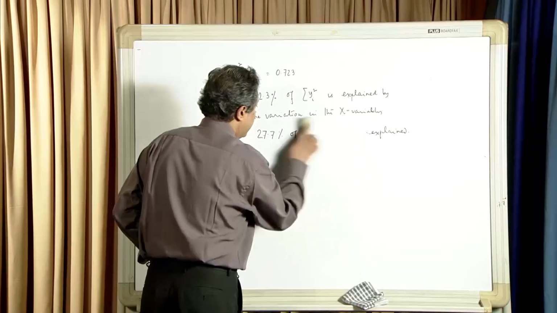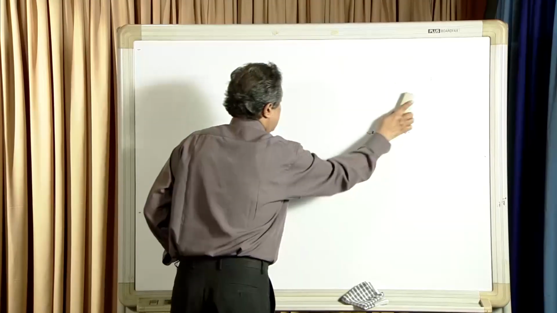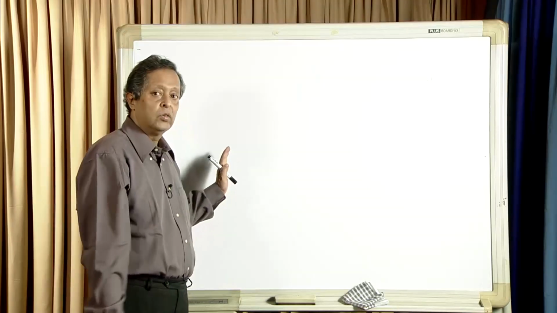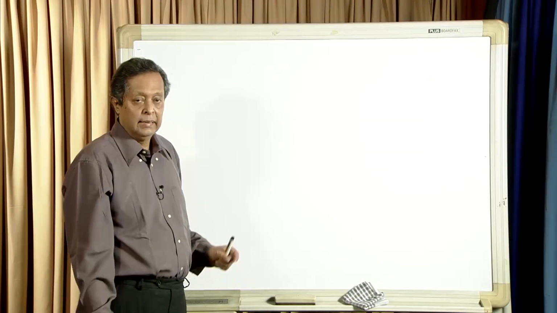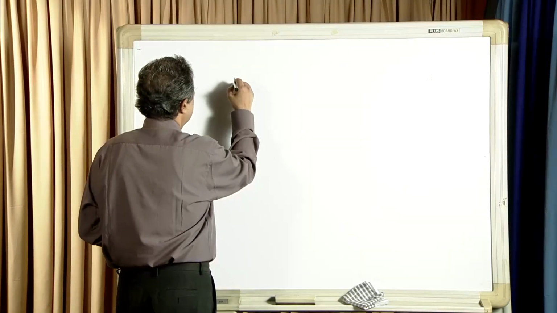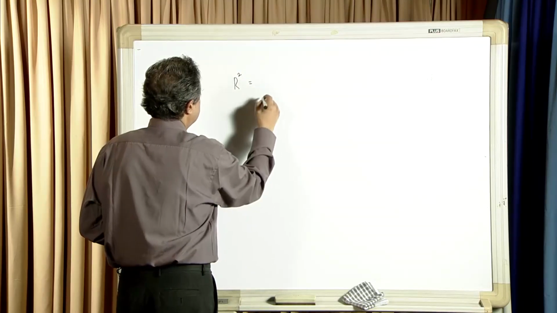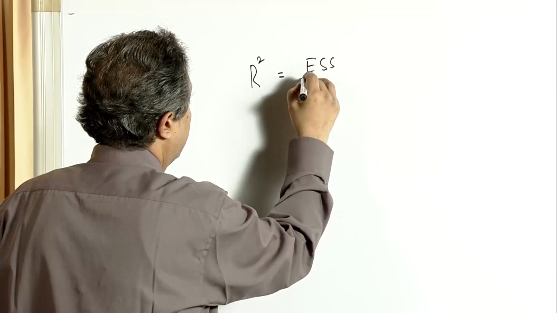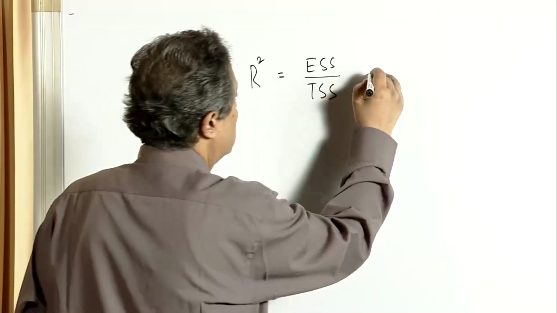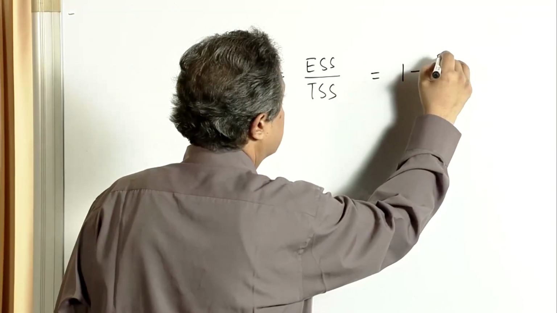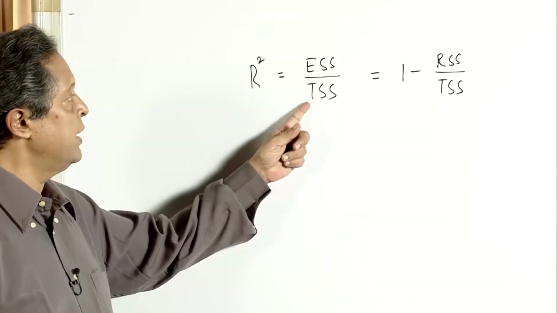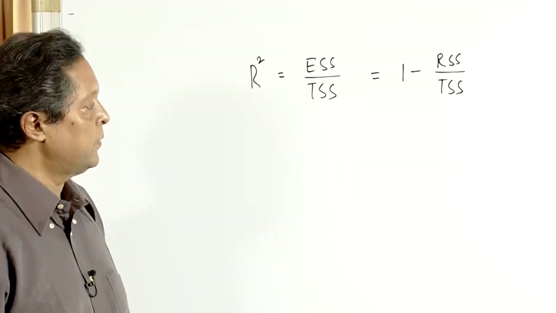So, the adjusted R square is R square modified to take into account that we should not unnecessarily go on adding more and more x variables. So, R square is equal to explained sum of squares by total sum of squares, and that is equal to 1 minus residual sum of squares by total sum of squares, because total sum of squares is a sum of explained and residual sum of squares.